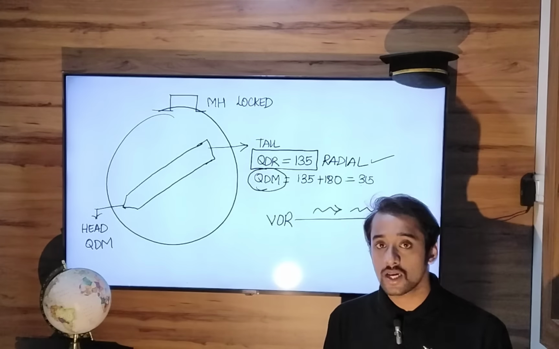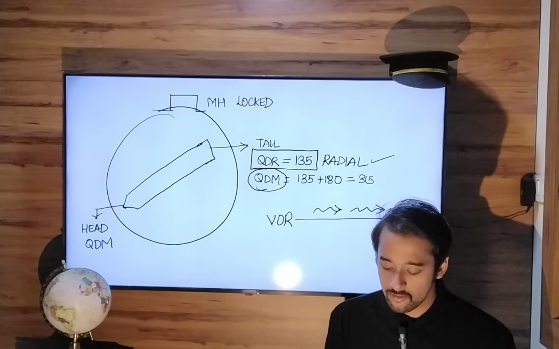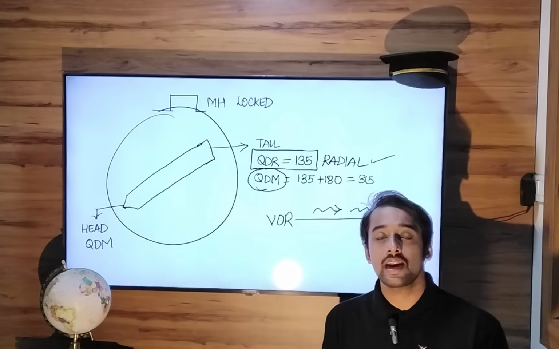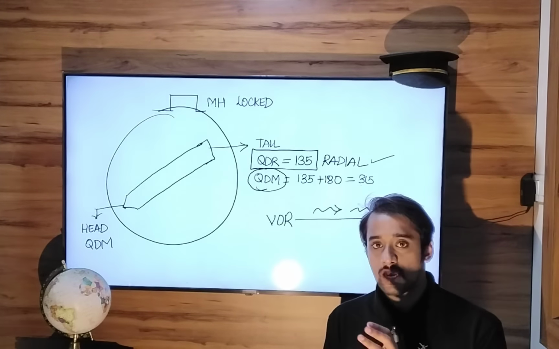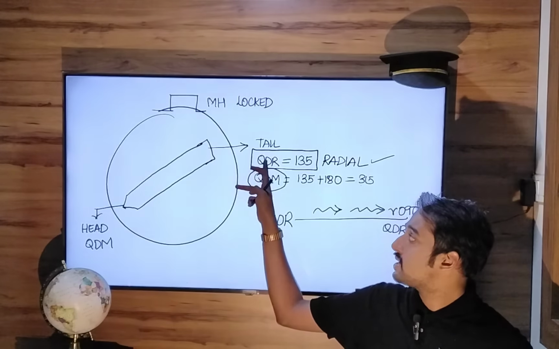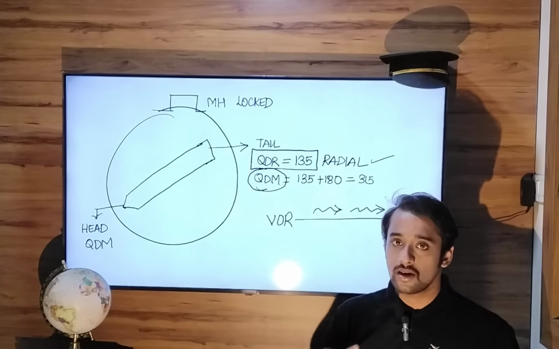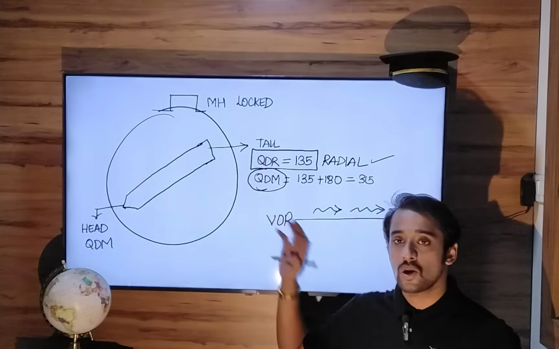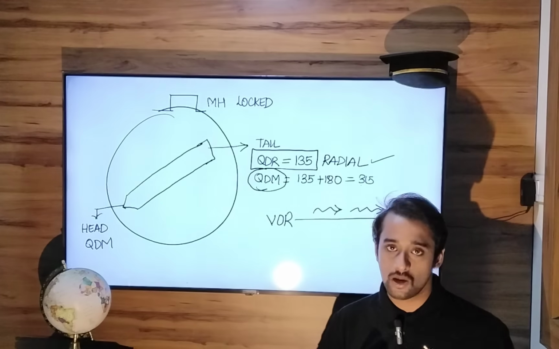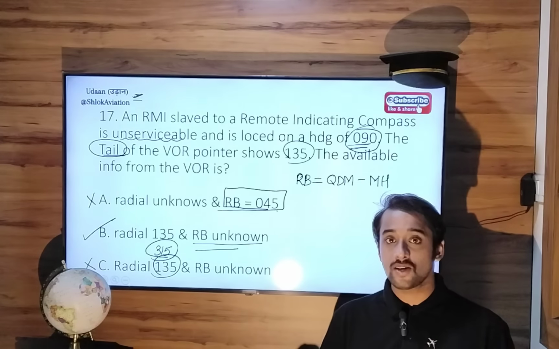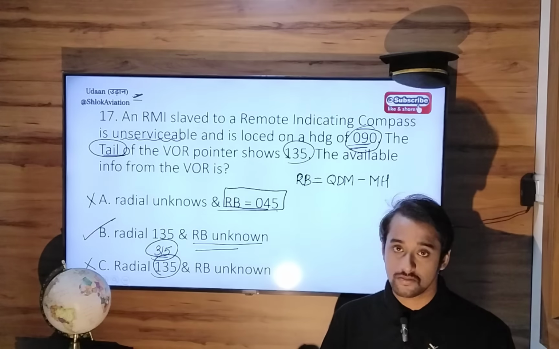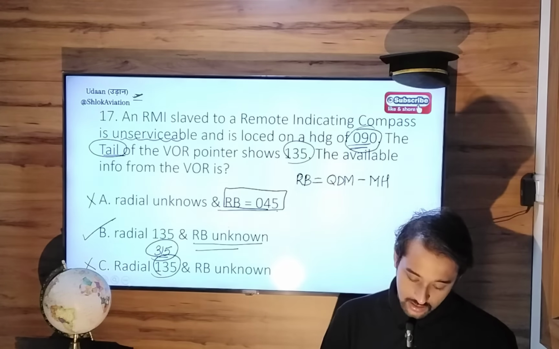That's why another name for radial is QDR, which is nothing but magnetic bearing from the station, away from the station. And all radials are magnetic, so we can use either the word QDR or radial. QDM is not radial. QDM is opposite of QDR. So option C is also wrong because we cannot use the word radial for QDM.